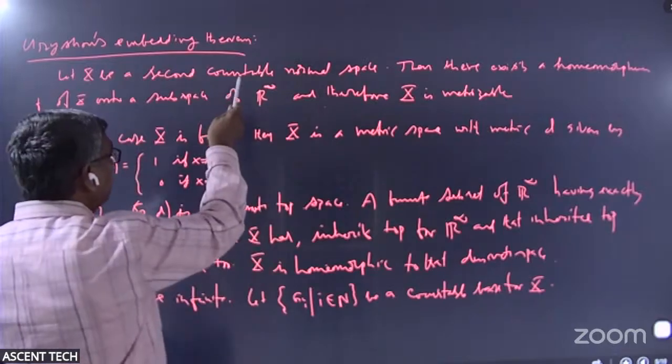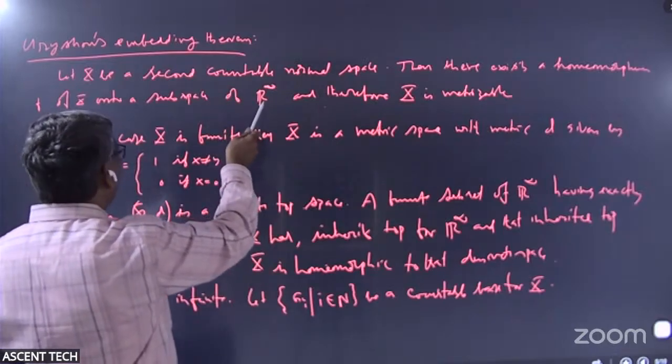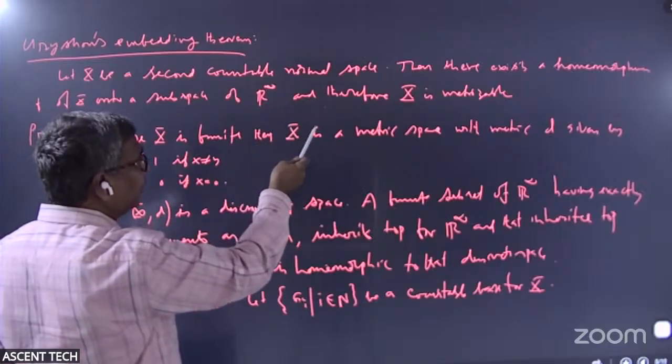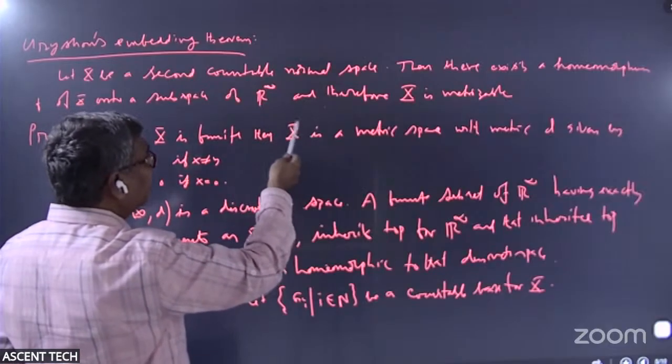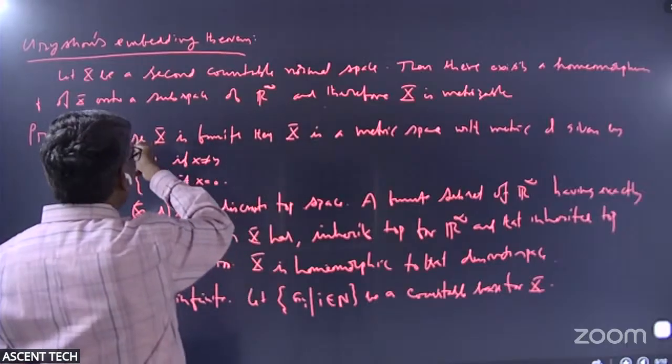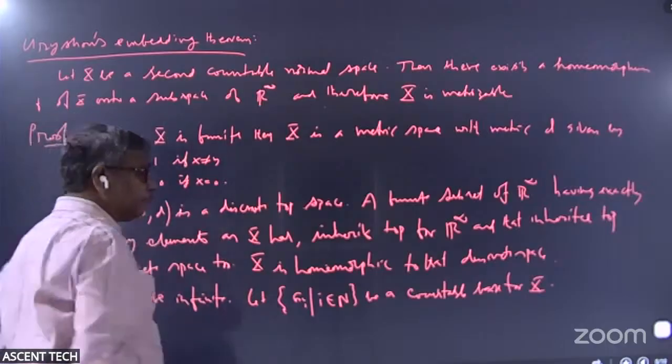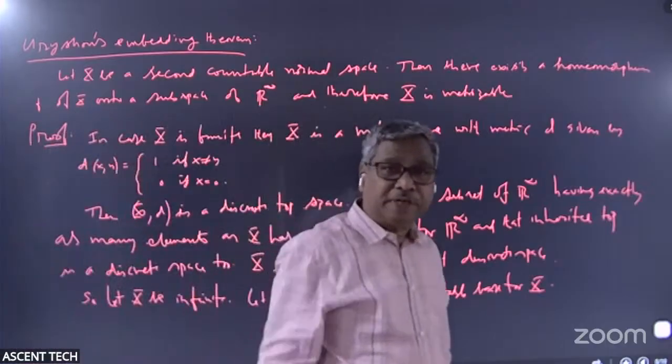And the metric structure here will be inherited by the homeomorphic copy. And so therefore X itself is metrizable. So that's what it is.